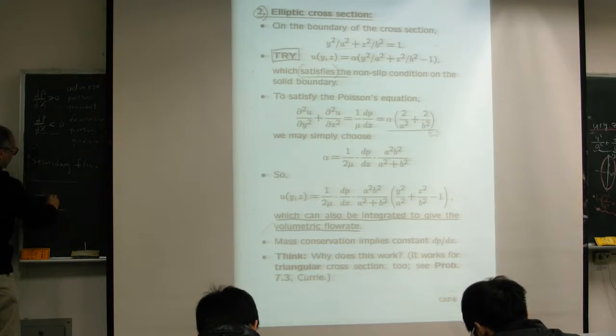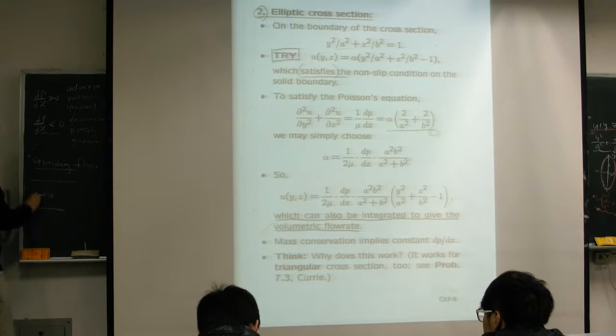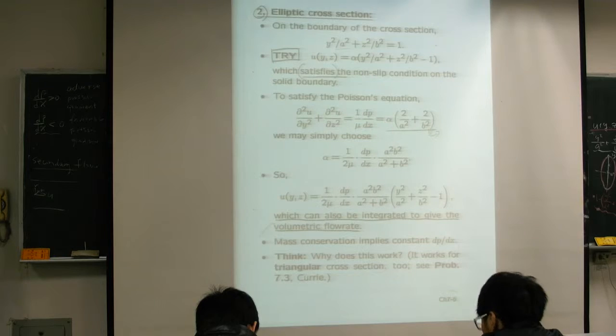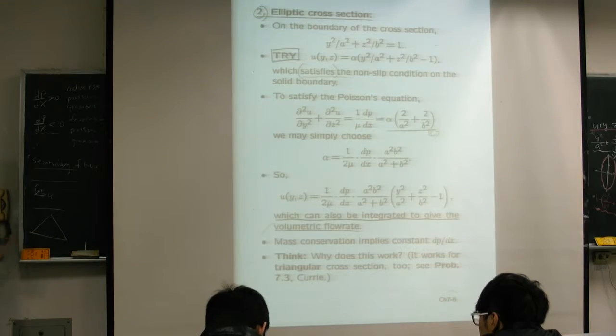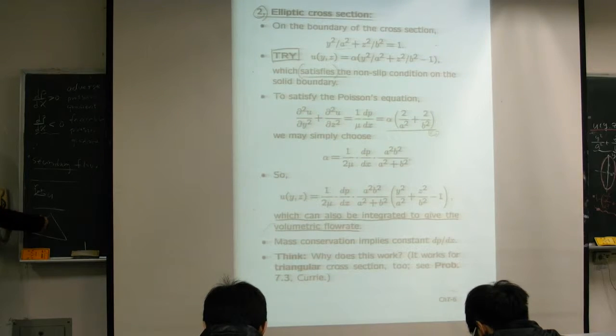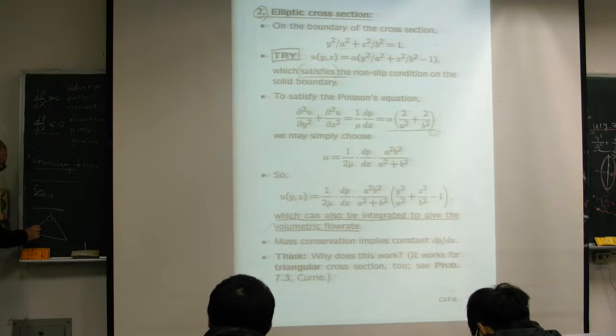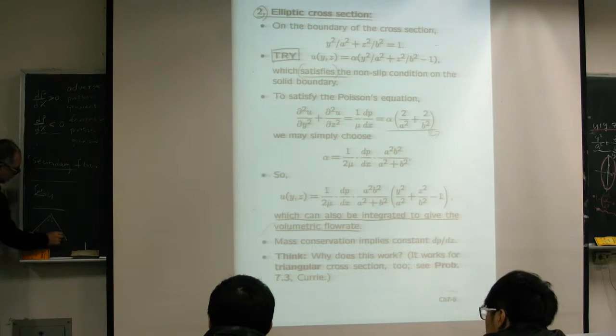And secondary flow means we have V and W direction velocity. In some cross sections, even triangular, if you study the flow within the triangle, we may have a situation with a flow like this here, and so we have a secondary flow here.